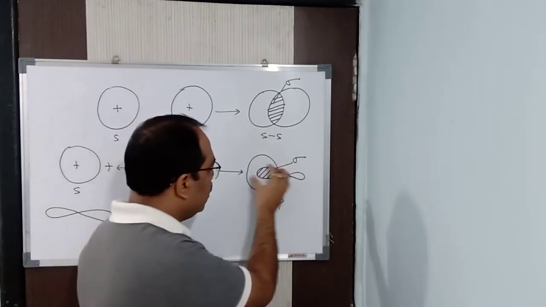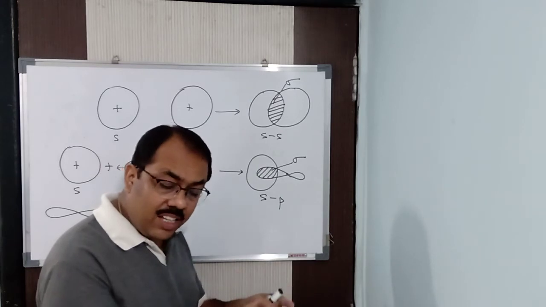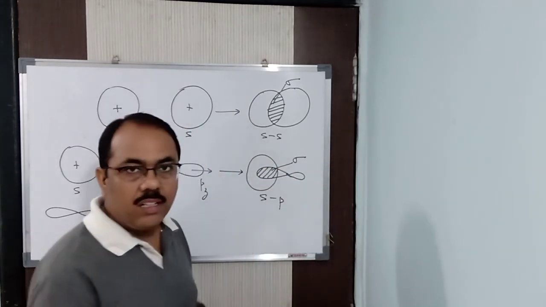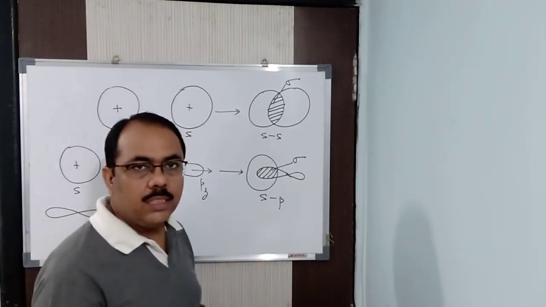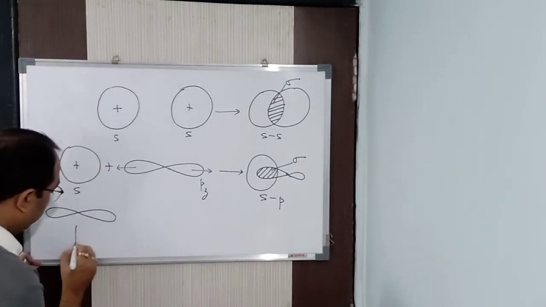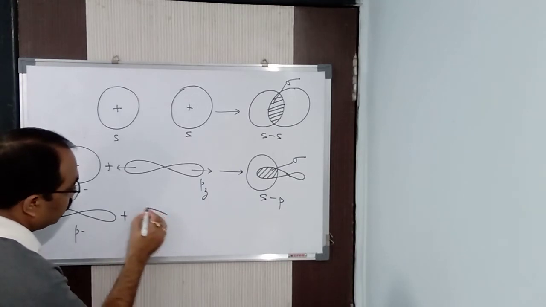Why? Because energy is initially concentrated here. Got it? They come closer, then the energy is released. So energy is more here, less here, because these lobes are made up of nothing but energy. Alright, clear? Fine. So in this way, this is your p subshell.